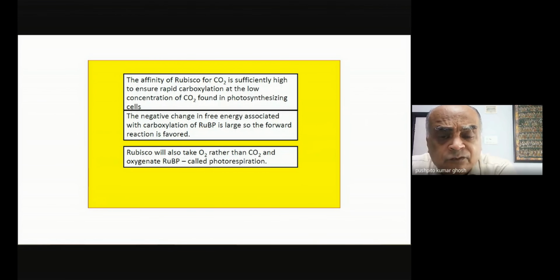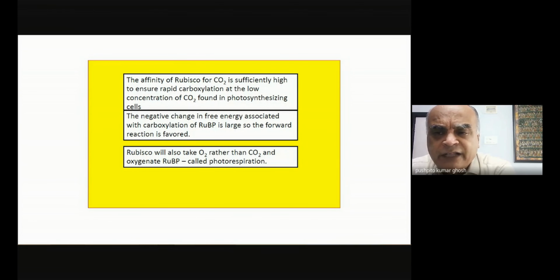Now, let us go a little more into a few more details. The gist of it I've already explained, but there are subtleties which you must understand. Firstly, the affinity of Rubisco for CO2 is high, and it's a spontaneous process.